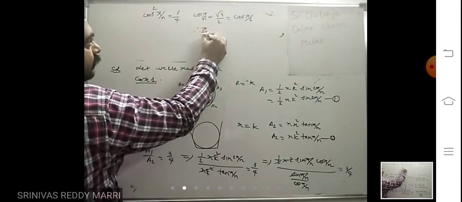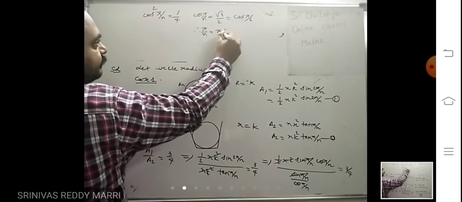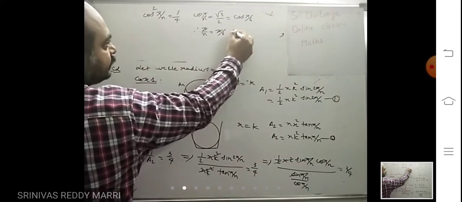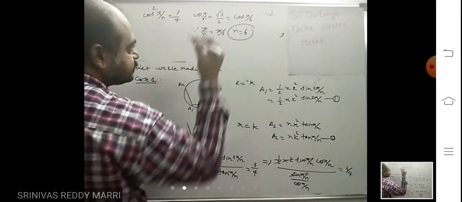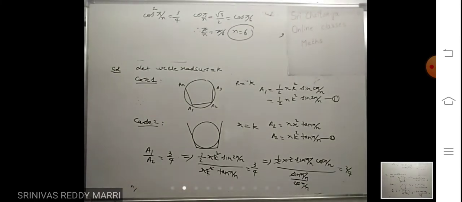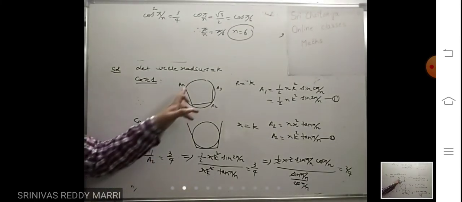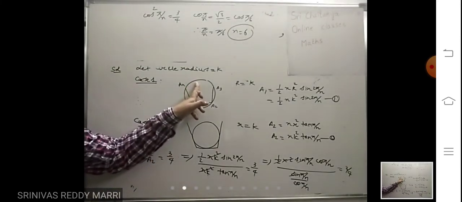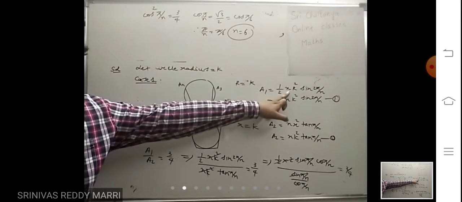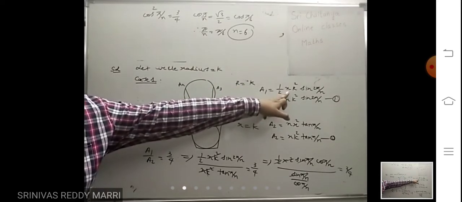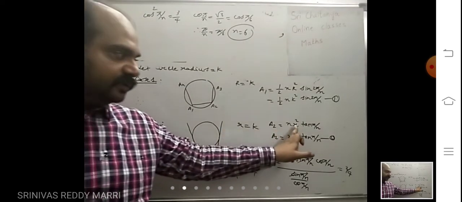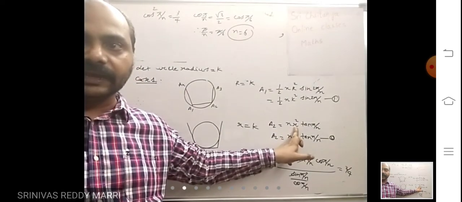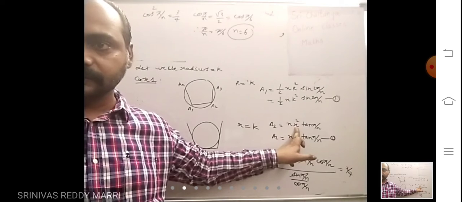Therefore pi by n is pi by 6, pi cancels, so n is 6. Like that, if the outer circle radius is known, use this formula to calculate the area of the polygon. If the inner circle radius is known, use the other formula. If any doubt, raise your hand.